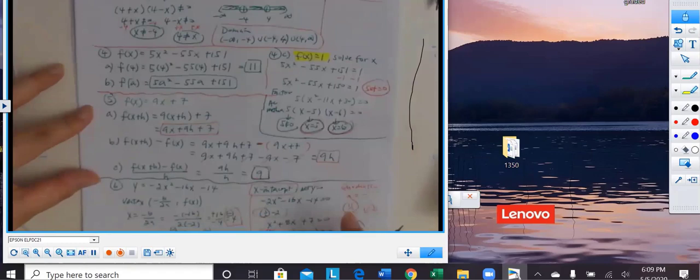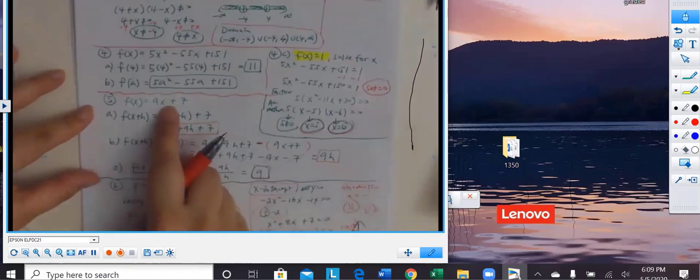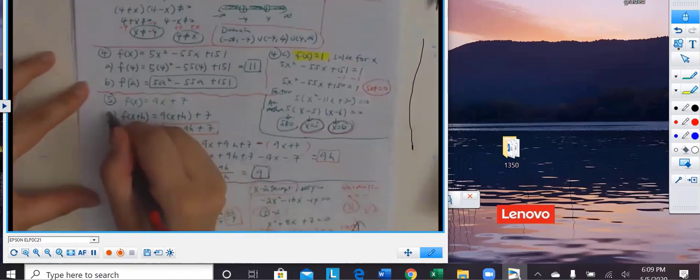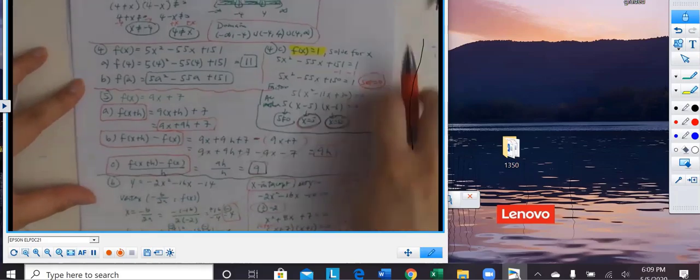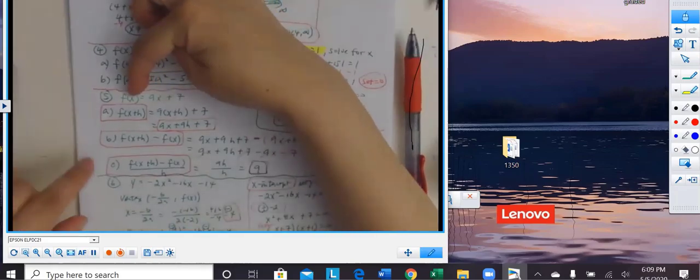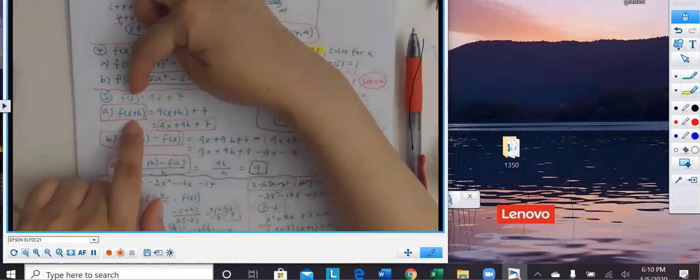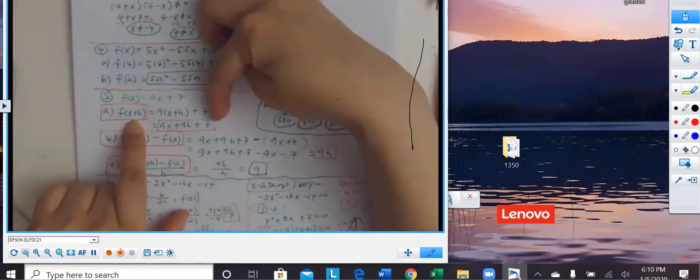Number 5, also from 10.1, they give you functions, and they want you to find a few things, including f of x plus h, f of x plus h minus f of x, and then f of x plus h minus the function, divided by h. So that's all we did. Instead of x, you plug in x plus h on the function to figure out what that is.